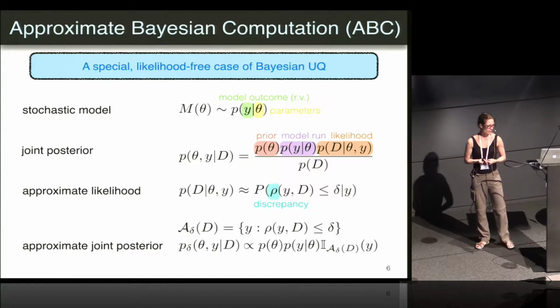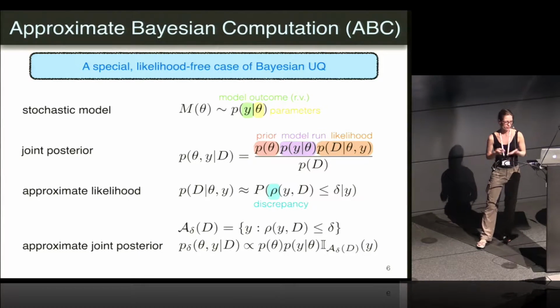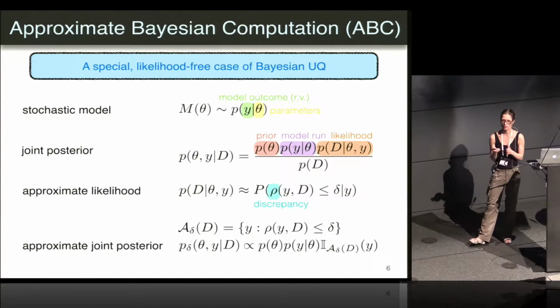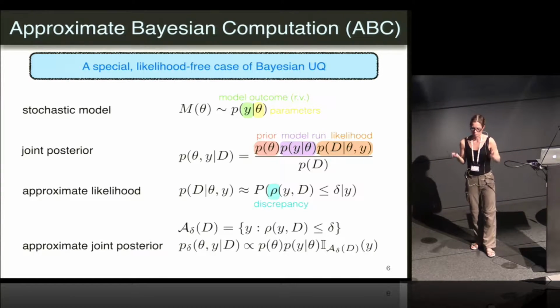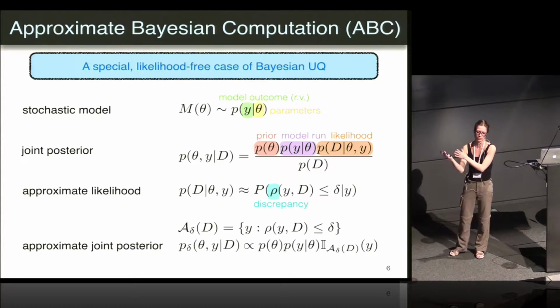The likelihood, we don't know how to formulate it in this context. So instead, we approximate it, in the way which is written further. We choose some distance function, a discrepancy function, which says if I observe a vector y and I have data d, how close they are.